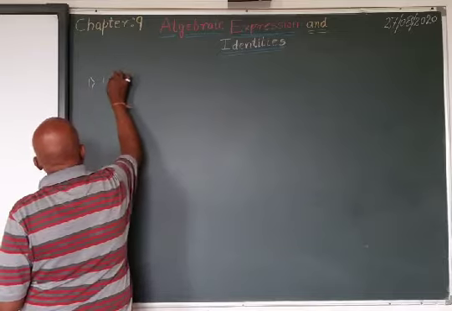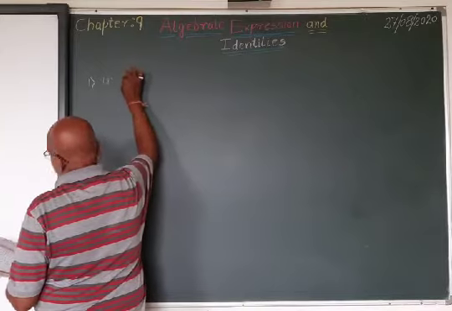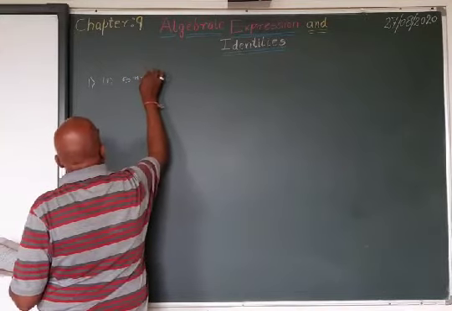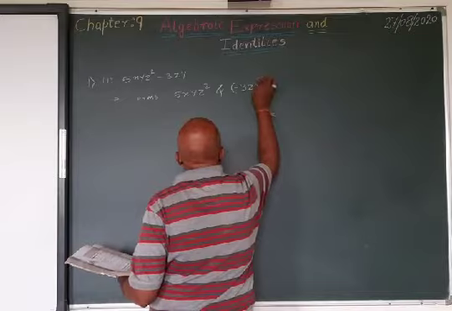In the first expression, the algebraic expression is 5xyz square minus 3zy. Now identify the terms. So here I will write as answer, terms. The terms are 5xyz square, and with this minus sign I will take 3zy.